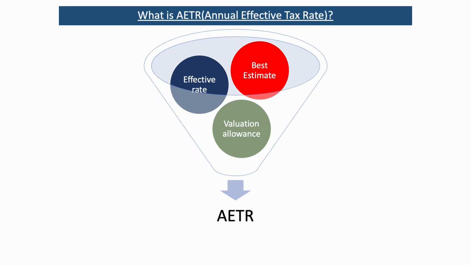The key elements for AETR are the effective rate, the best estimate, which is the forecast of the remainder of the year, and another key element is the valuation allowance. The AETR should include any changes to the valuation allowance that arise from your deferred tax items.